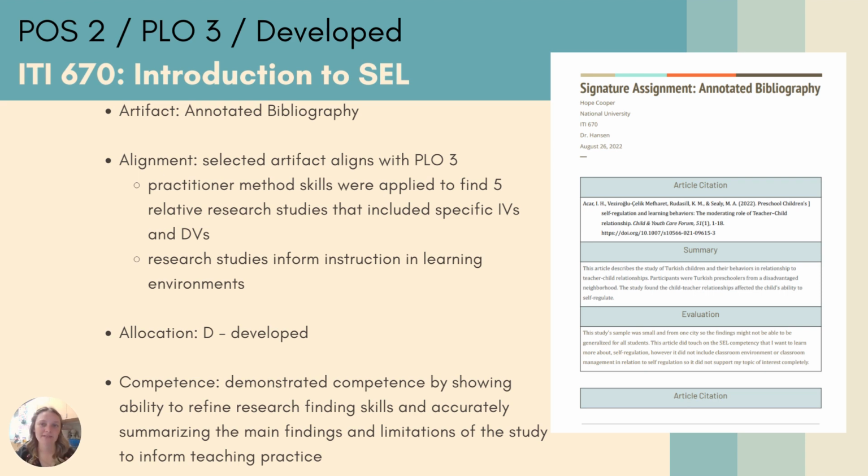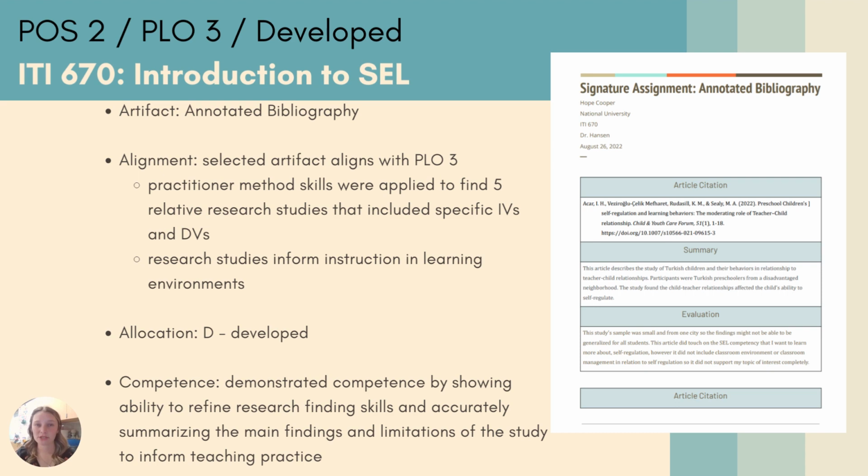And then the 5 studies were each summarized and evaluated, and that's where I explained the limitations of the study and how well it aligned with my question of interest. Did it align with my independent and dependent variables, or was it a little bit off? This aligned with PLO3 because during this assignment, I had to do a lot of research, finding 5 relevant studies that really aligned with what I was exploring and what I was interested in.